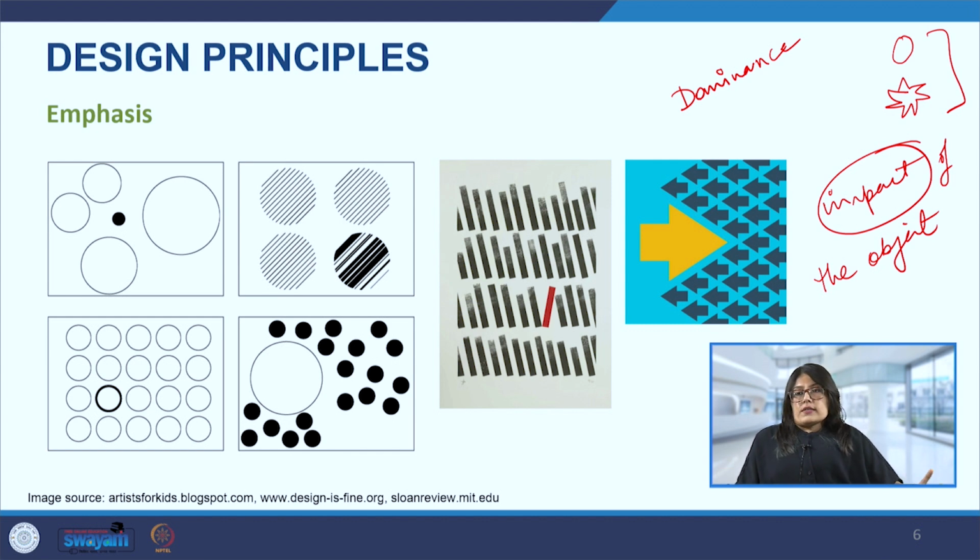Now contrast, which we just saw, appears to be a similar principle, but contrast can help in emphasizing. So that is another little detail: contrast is about the difference between the two shapes, the dominance or emphasis is about the impact of the object, but at the same time contrast can help in further emphasizing. So here we can see how the black color is helping there.